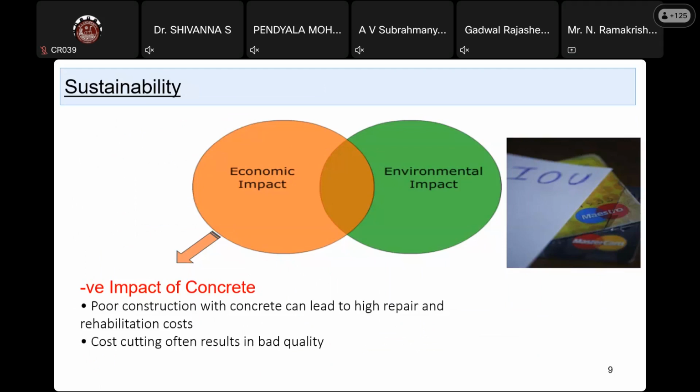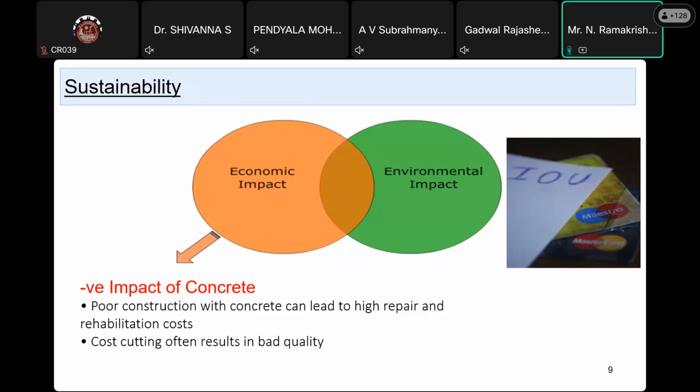If you are not paying attention quality-wise, you are compromising at the initial stage. Definitely high repair and rehabilitation costs will be there, and every year you need to spend more money in the budget, especially when you go for constructions across the coastal line. Definitely you need to give attention to corrosion also.